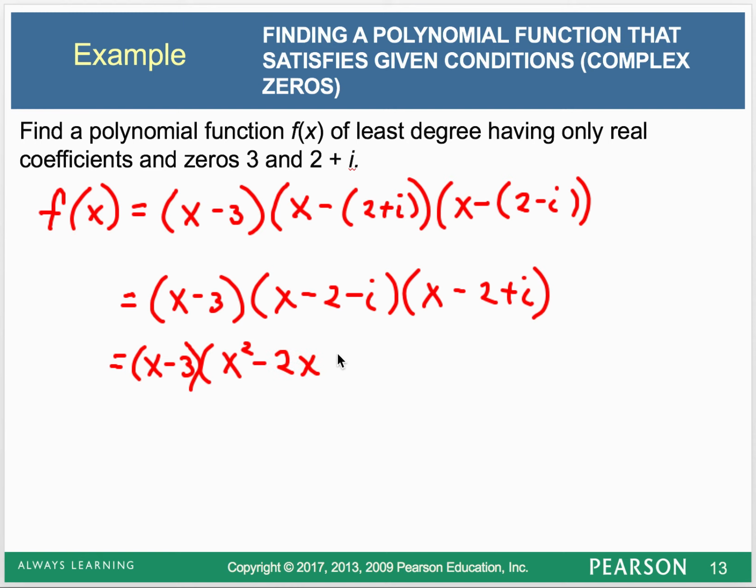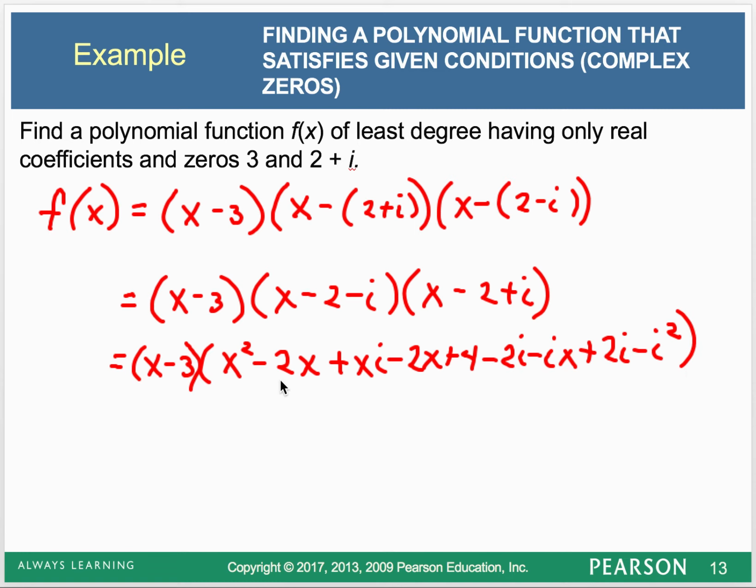X times i, so xi, and then move to the next one. Negative 2x, negative 2 times negative 2, positive 4, negative 2i. Okay, and then move to the next one. Negative ix, positive 2i, and negative i squared.